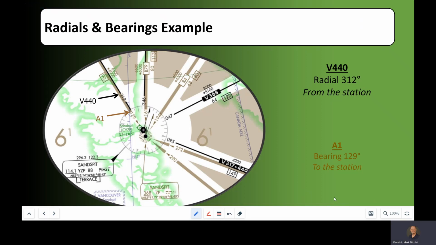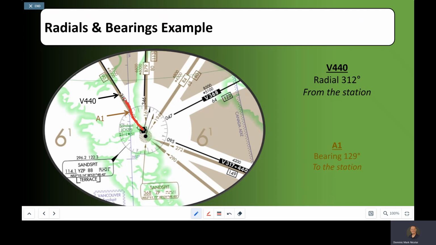In this case here, we got a co-location of 2 nav units. Here we see Sandspit VOR and Sandspit non-directional beacon. They're co-located, and there's airways located off both of them. So if we go off to the northwest, we start to see this black line here.